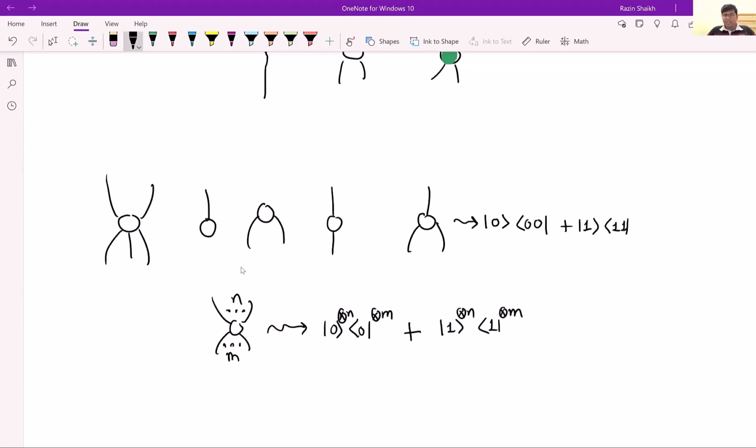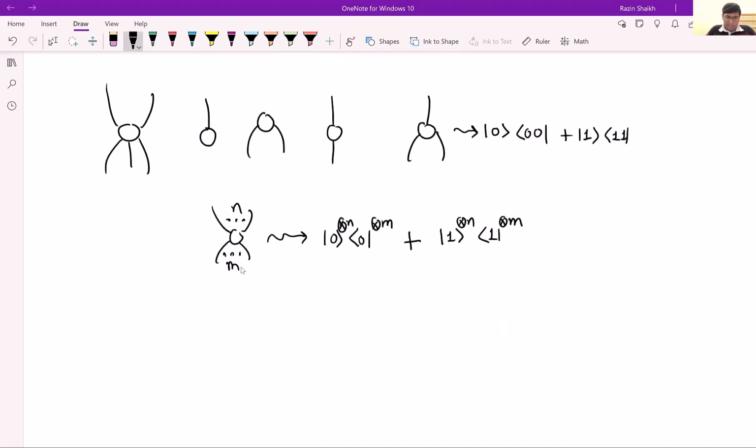So one thing this spider does is that it makes sure that all of the wires are carrying the same basis states. Considering a special example, if I have a spider with 4 legs like this, and I know that this leg is ket 0, that means all of these legs will also be ket 0.